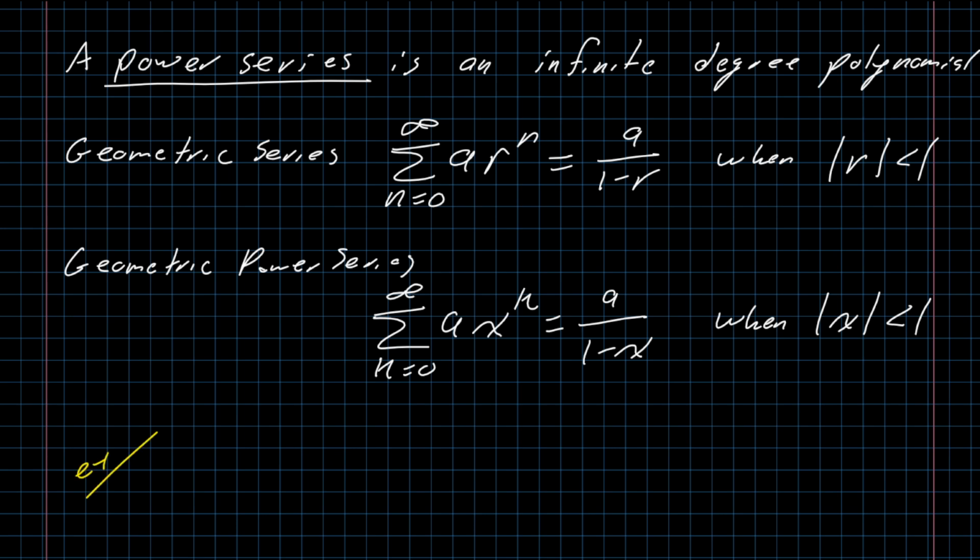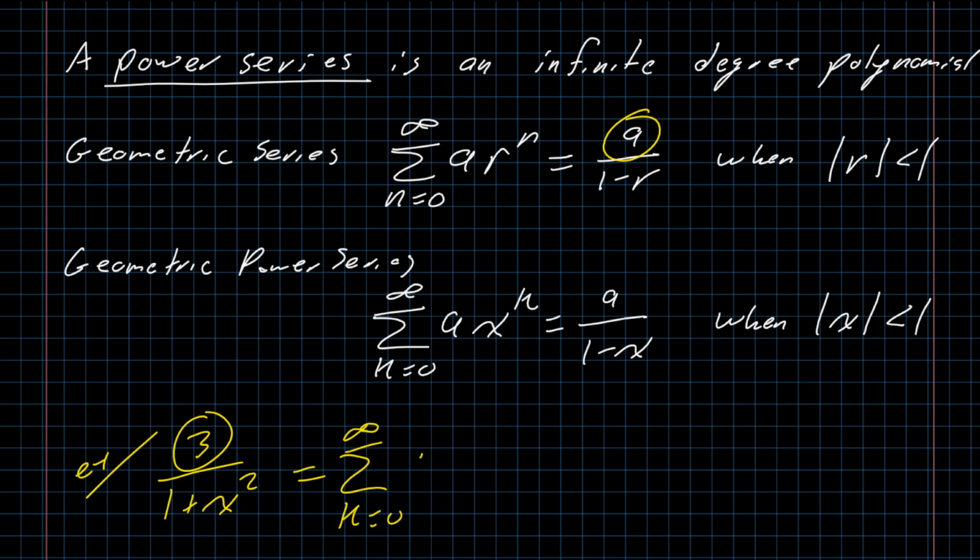If we have a particular rational expression, that might be something like 3 over 1 plus x squared. Well, comparing to the geometric series, instead of having an a on the top, we have a 3.